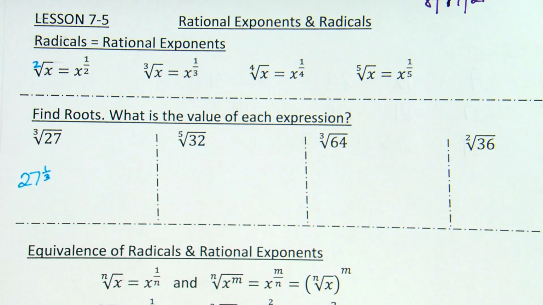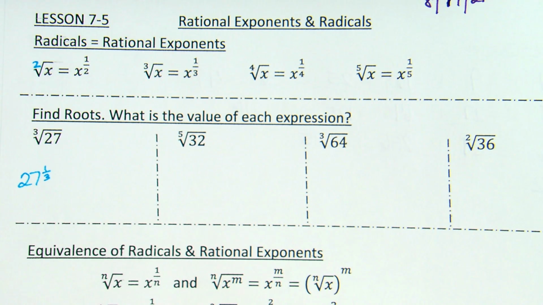So cube root means how many of something have to multiply together? Well, 3 times 9 is 27, but I'm looking for what number times itself again gives me 27? Now, 9 times 9 is 81, which is already bigger than that.